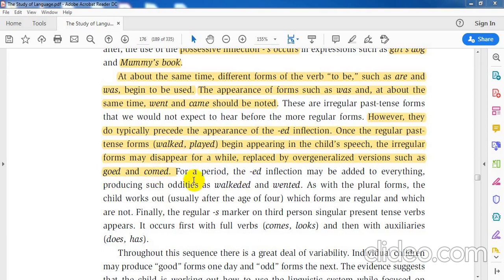Now this is also another version, as we said, with the ed inflection that might be added for every verb, producing some irregular forms, and these are called the oddities. As we have another version like walked, instead of walked, we have the version of walked, also wented.